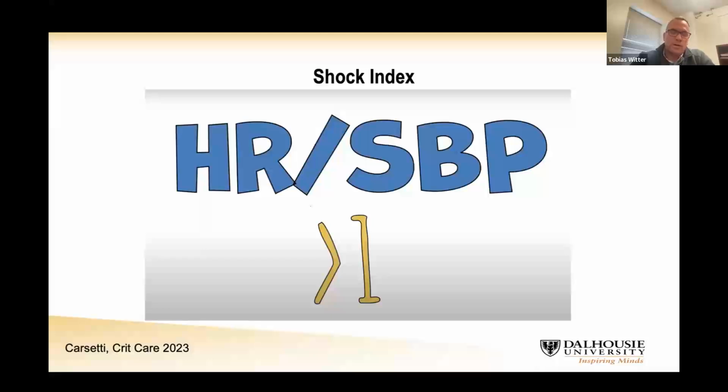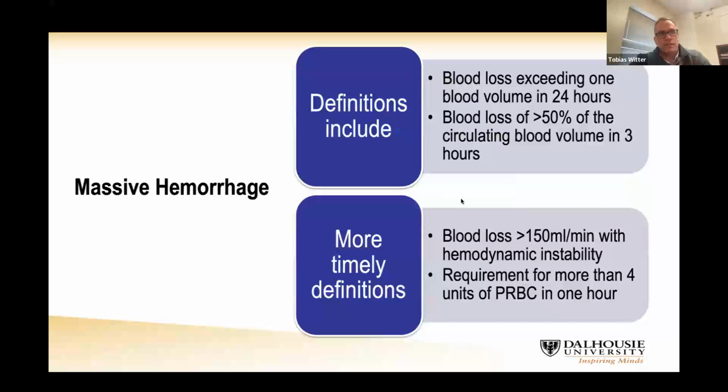And therefore, we need to have a rough idea what bleeding or massive hemorrhage actually means. There's a bunch of definitions out there when you go and look at the literature or the guidelines. One definition is blood loss exceeding 1 blood volume over 24 hours.